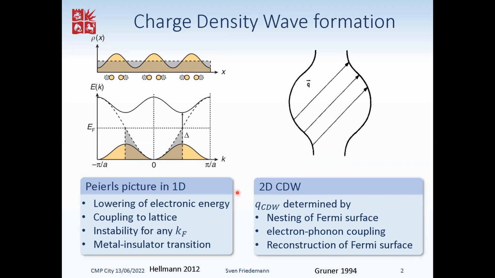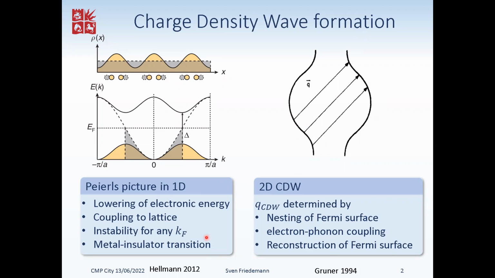In 2 dimensions, one doesn't have this case anymore because one doesn't have a perfect nesting. In 1D one is guaranteed the perfect nesting because you've got exactly one Q vector connecting the Fermi surface points. In 2D, one can still have a charge density wave occurring due to nesting by having one Q vector that maps a reasonably large part of the Fermi surface onto another part of the Fermi surface.